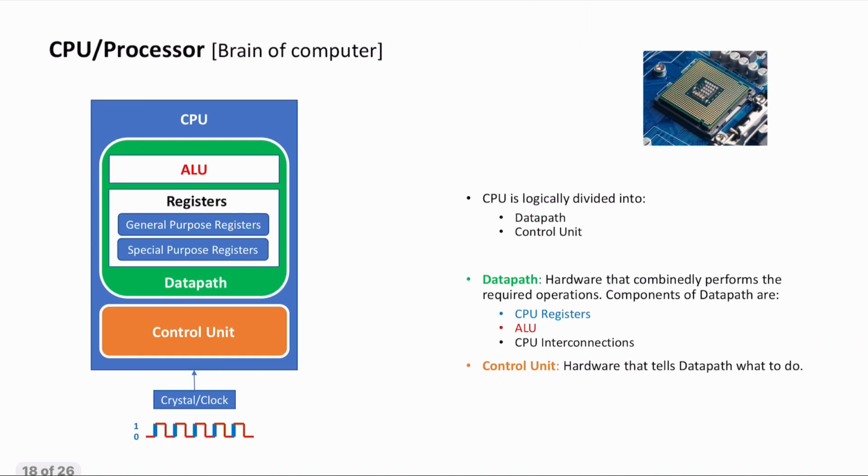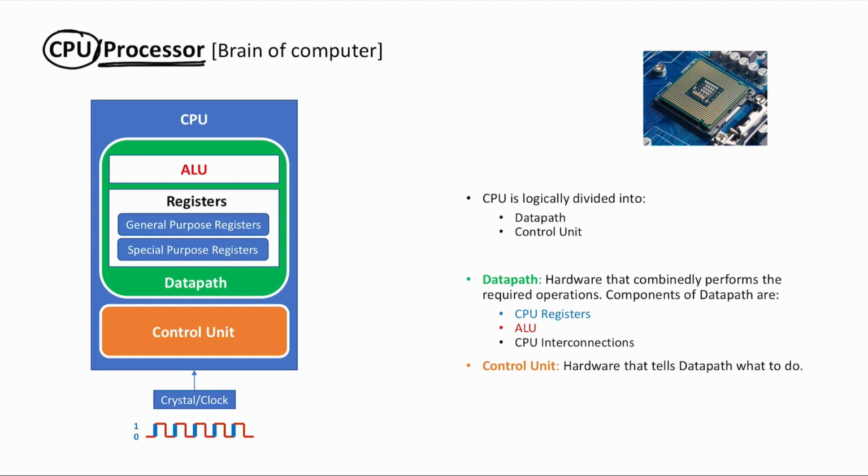Now let's move on to the brain of the computer. What is the brain of the computer here? CPU or processor. The CPU or processor here is the brain of the computer, okay. This is the place where actual processing happens. And as we discussed, the CPU fetches instructions, right?